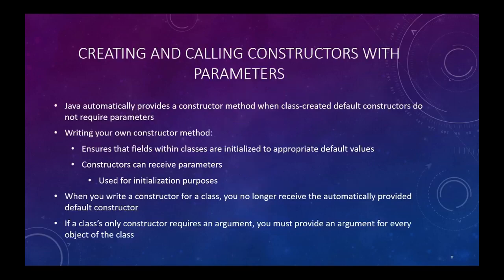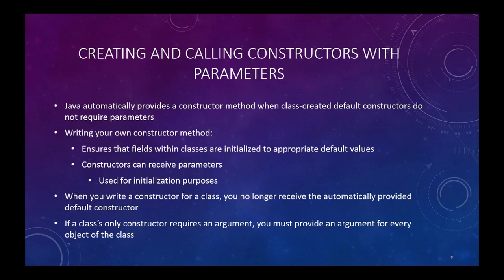Let's take a closer look at creating these overloaded methods and their constructors. Remember, Java is going to automatically create that empty constructor for you. That's the constructor that has no parameters required. We talked about how you can write your own constructors last lecture and how we can use the parameters to initialize default values.